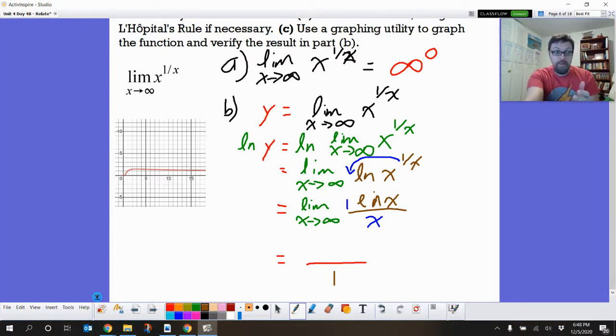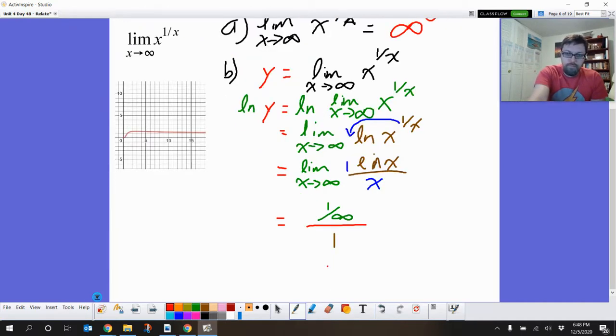And then the derivative of our numerator is 1 over x, evaluated at that particular point. So that's 1 over infinity, so this just equals 0. Because we have 1 over infinity, that's basically 0, over 1, that's 0.